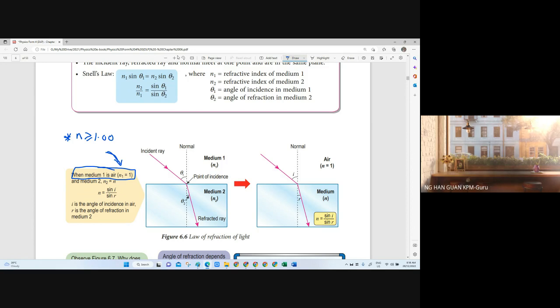So if you know this, you will notice that in the practical exam experiment, your answer, which is the gradient of the graph, represents the refractive index of the medium. If you understand this concept, you shouldn't give me an answer of n less than 1. Many students actually give me n less than 1.